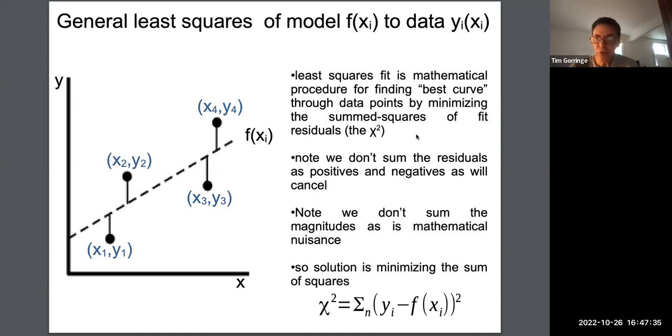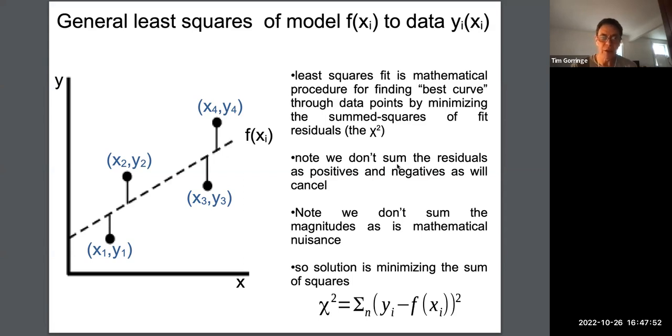A few more comments on that. One thing we don't do is just sum the residuals and minimize that. We sum the squares of the residuals and minimize that.